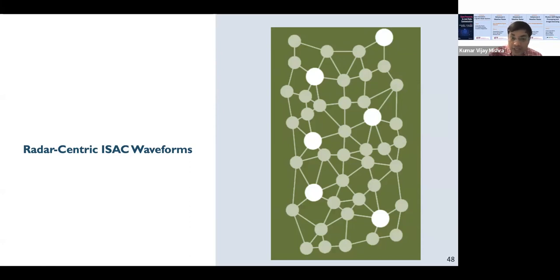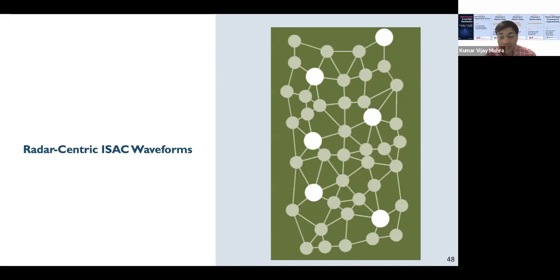So I was going to cover now a review of some of the common waveforms that are used by radar and communications from the perspective of joint radar communication technology. So we were going to look into radar-centric waveforms that may also be used for joint radar comms to give communications functionalities and vice versa. So we would skip this part.